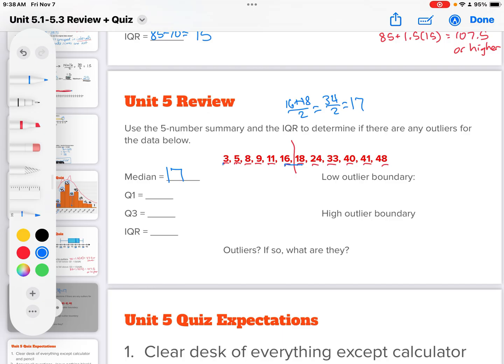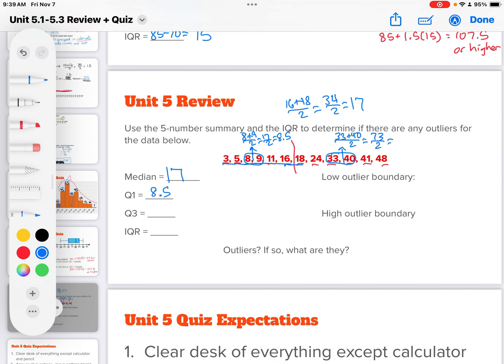For the Q1, we look at the lower half of the data and find our median there. It's going to be between the third and fourth data values. 8 plus 9 divided by 2 is 8.5. For our upper quartile, we look at the middle two values in the upper half. 33 plus 40 divided by 2, that's 73 divided by 2.